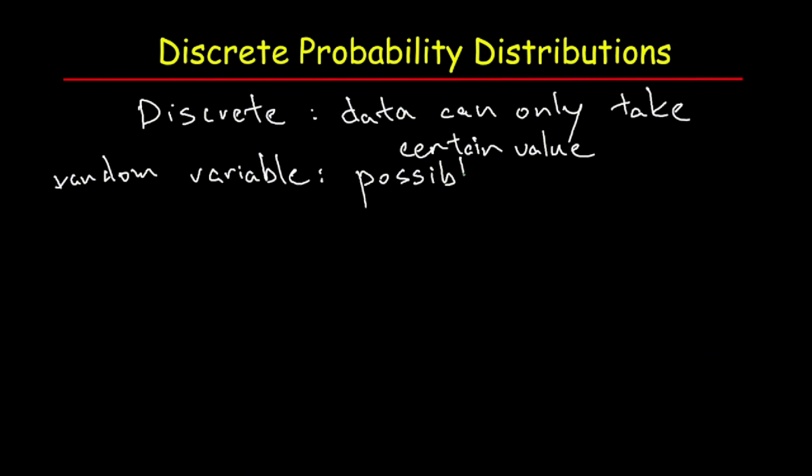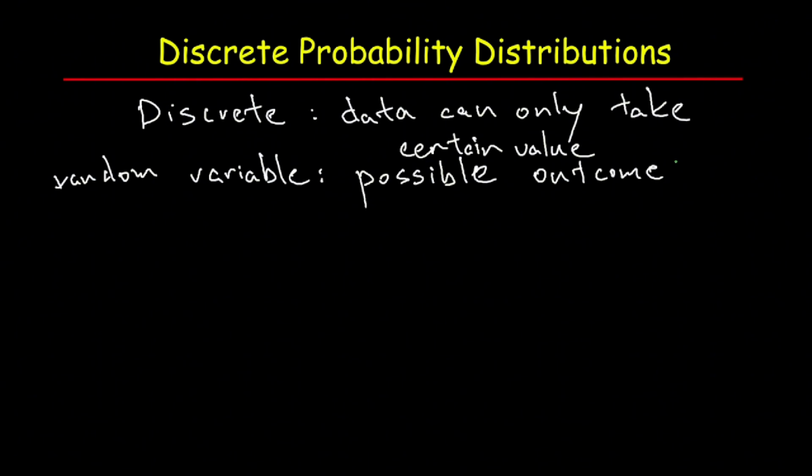Sometimes a random variable might not actually represent numbers necessarily, it can also represent choices. For example, maybe you were asking if students prefer chocolate ice cream or vanilla ice cream. They could also refer to the choices in that way.